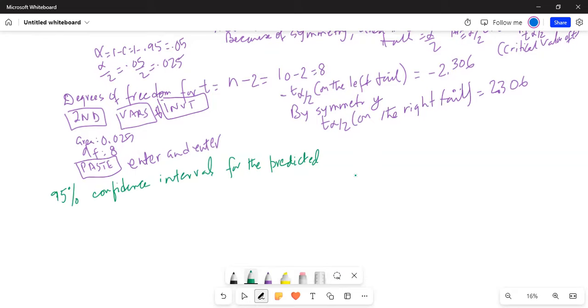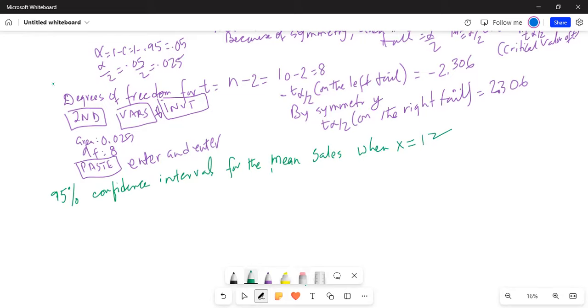Looking at the question one more time. For the mean sales when x is equal to 12 is given by this formula.